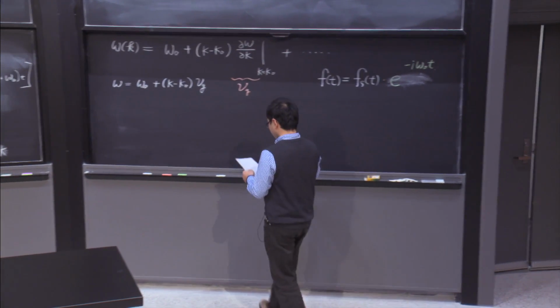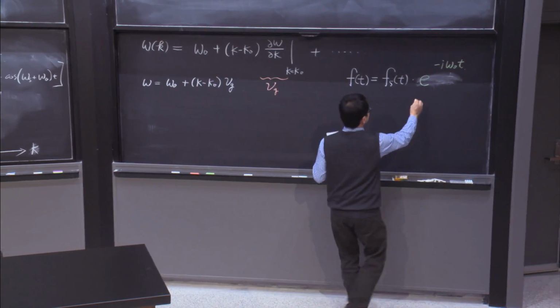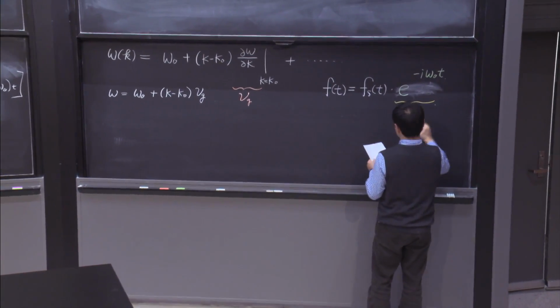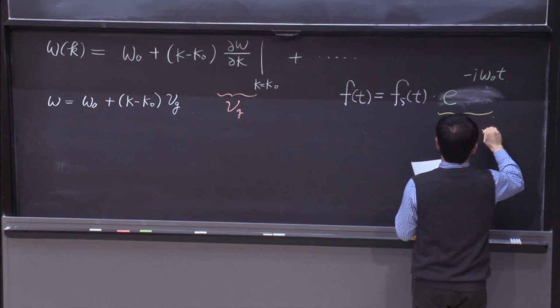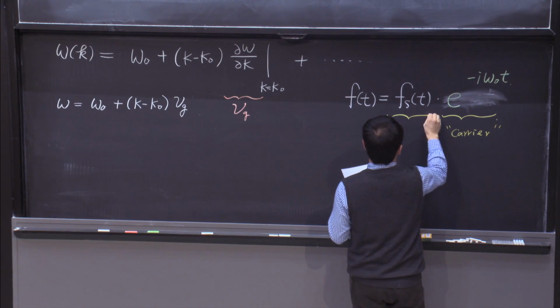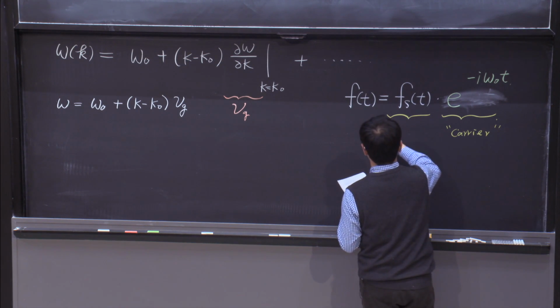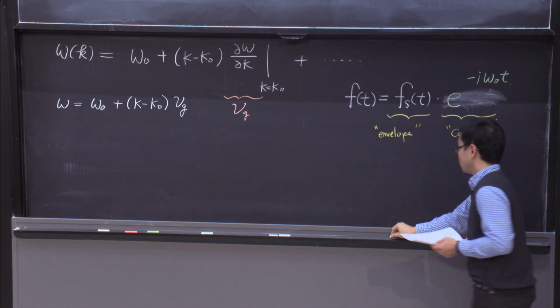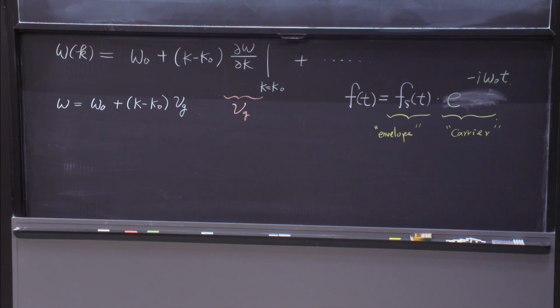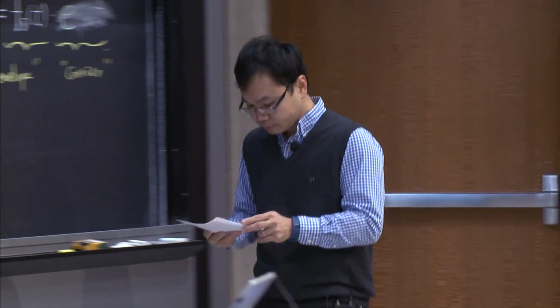Okay, so we can identify this structure. This is the carrier, and this signal becomes the envelope, in analogy to what we have discussed for the beat phenomena case. Okay?